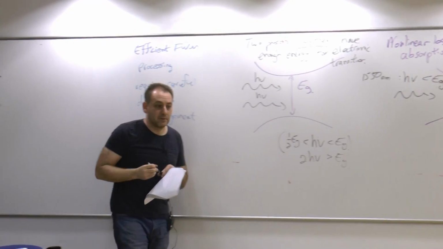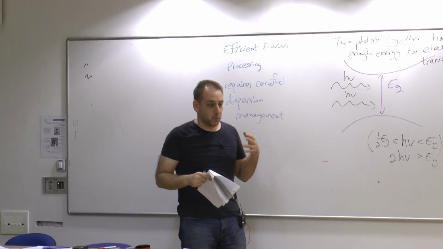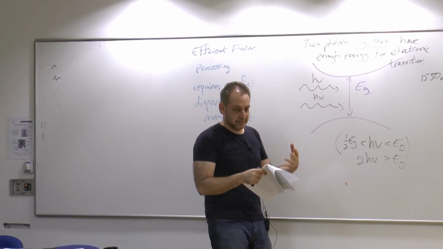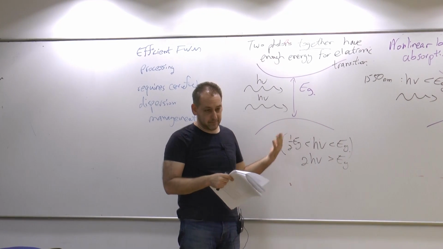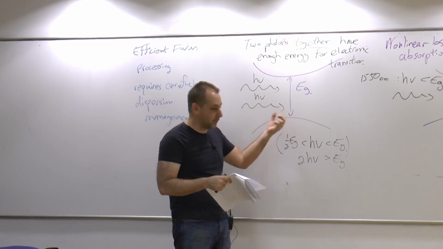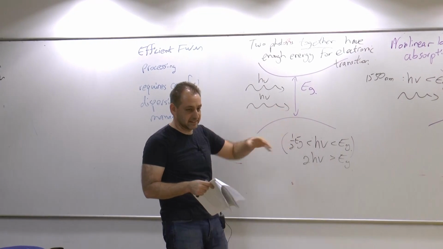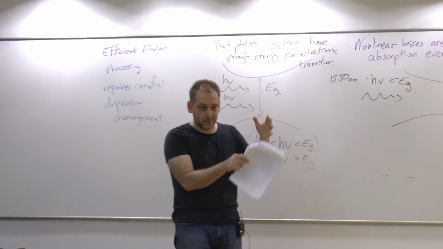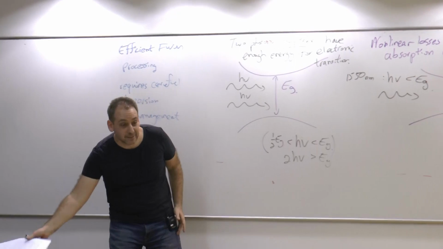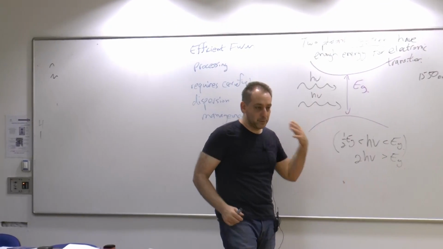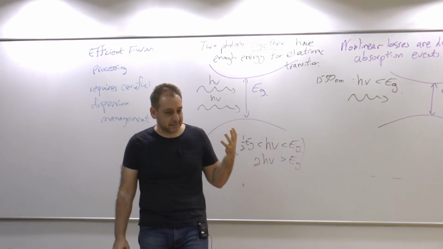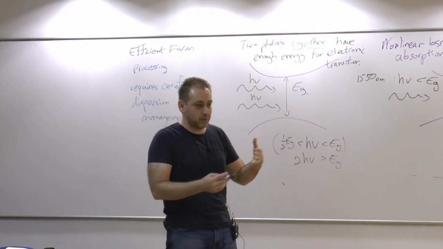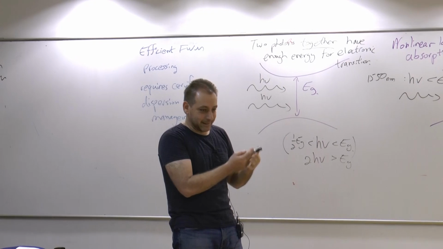Okay, but for this transition to happen, we must have two photons in the same place at the same time. So they can both interact with a given electron that is sitting here in the middle of the room and waiting to be elevated. So if we have few photons bouncing in the waveguide, what are the chances that two of them coincide in space and time?